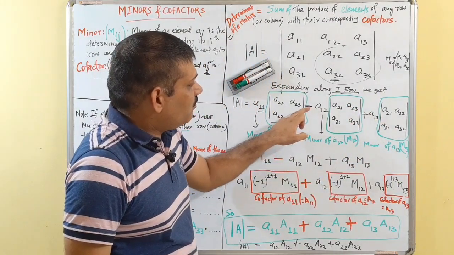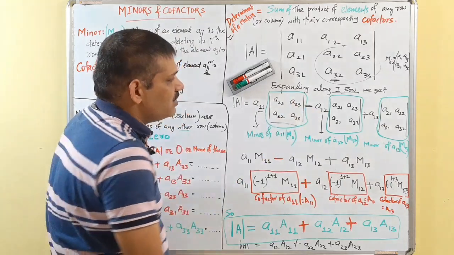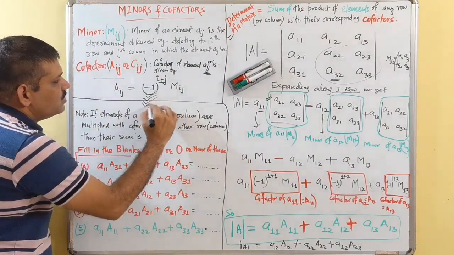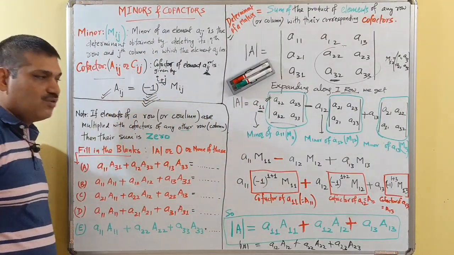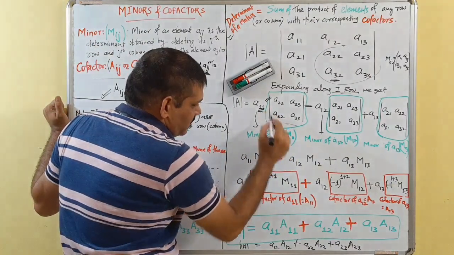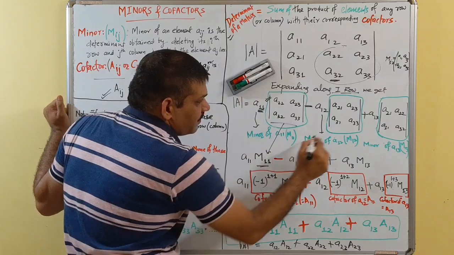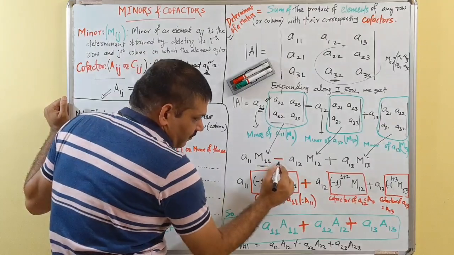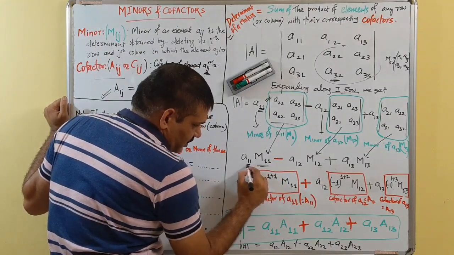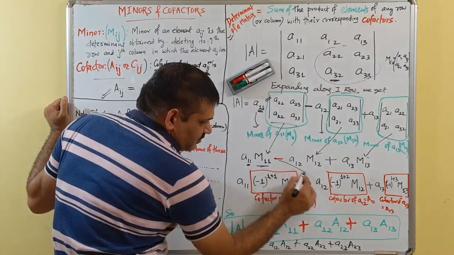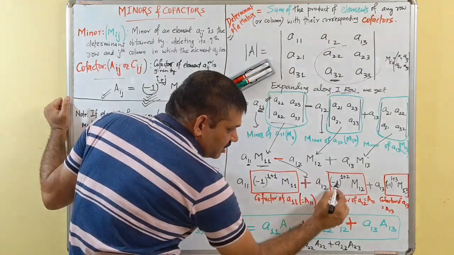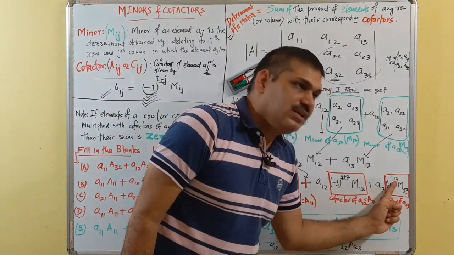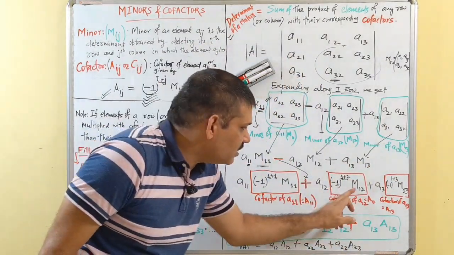Suppose I need to convert it into plus. How has this minus come? The minor is multiplied by minus 1 raised to i plus j, and that is known as the cofactor. So these are the minors M11, M12 and M13. If I write minus 1 raised to 1 plus 1, this is positive; minus 1 raised to 1 plus 2 is an odd power of minus 1, so it gives the minus sign.